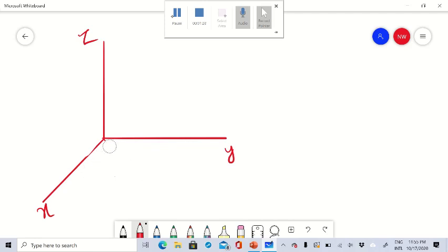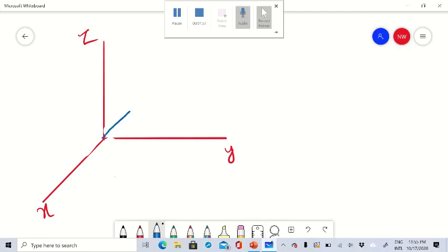Now say we have a vector in this direction. It is not in a single plane; it is in the whole rectangular x, y, and z space. Let me take the vector in another color.